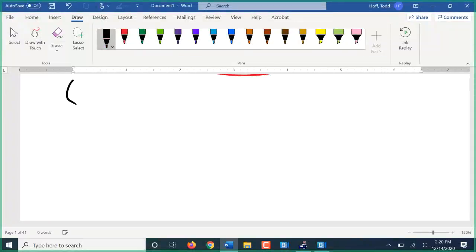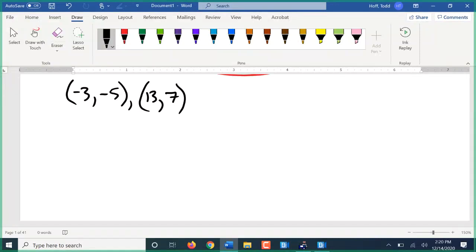Let's do one more. Let's say we've got negative 3, negative 5 to positive 9. Scratch that. I'm going to make that positive 13 and a positive 7.